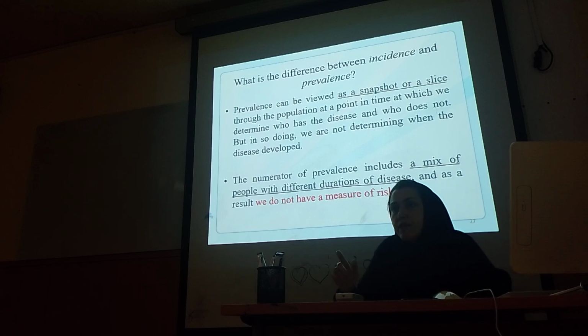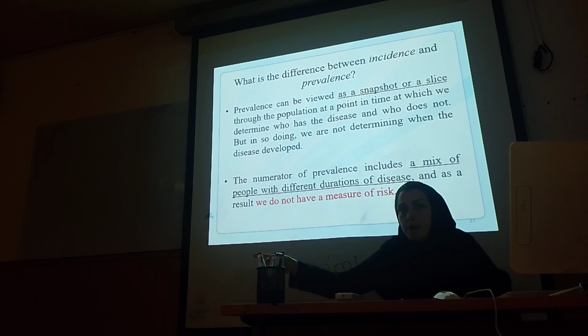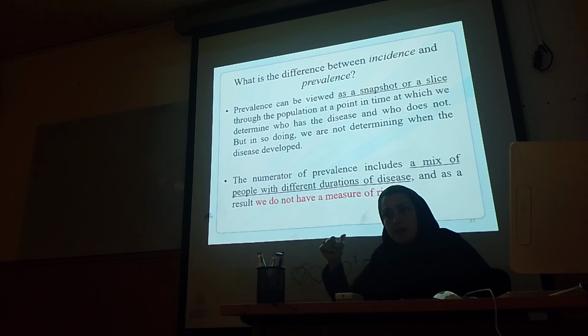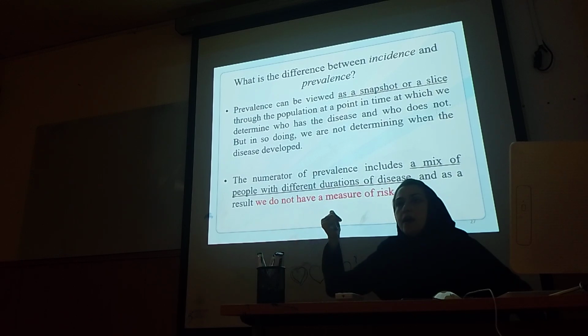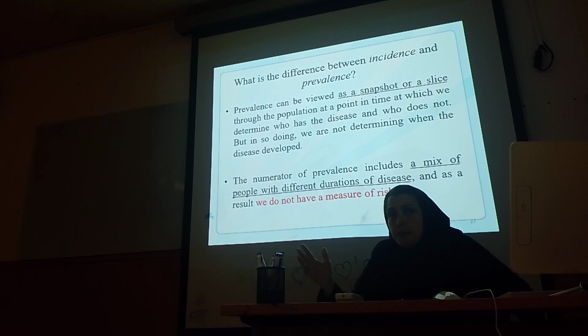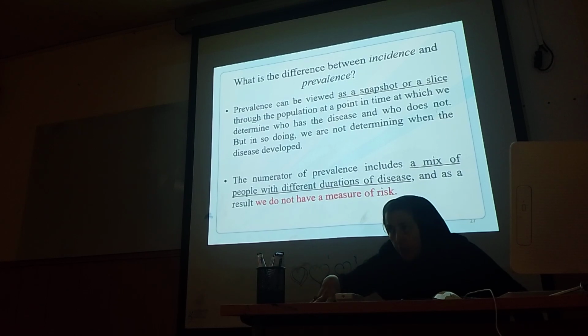For example, if I want to calculate the prevalence of diabetes, it doesn't matter to me that one got diabetes 3 years ago and another got it 10 years ago. It is important that all of them have diabetes right now. Yes?